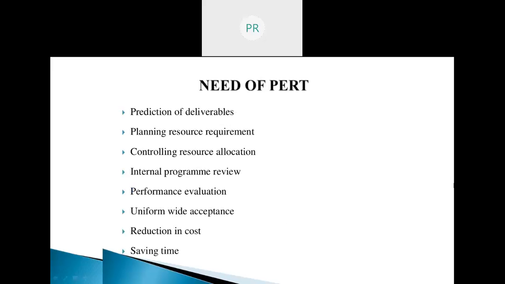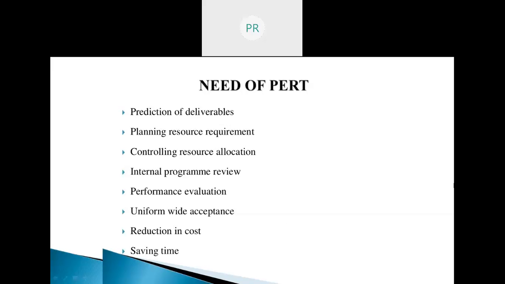Second, planning resource requirement. How many resources are to be used in a particular project? PERT helps in that aspect. Controlling resource allocation, internal program review, performance evaluation. How a particular resource is performing in the project, PERT helps in that performance evaluation.